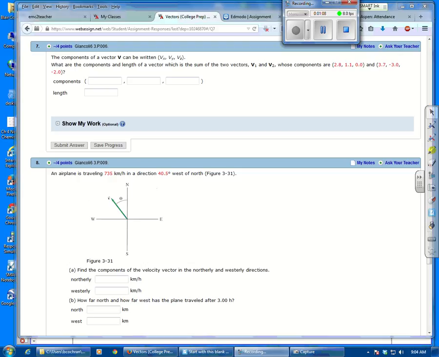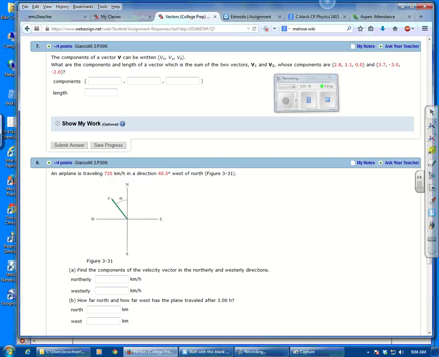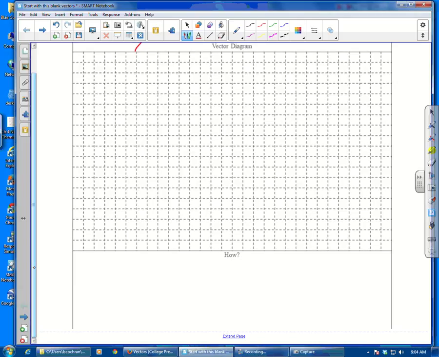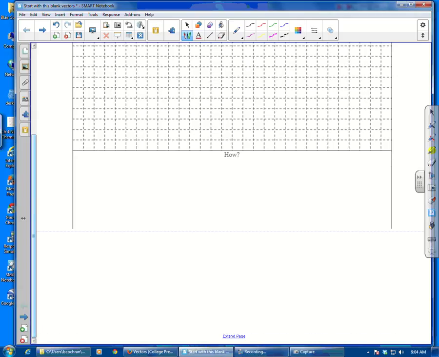I'm going to translate these 2 vectors and write them down as unit vectors to hopefully help me understand them better. So the first one tells me it's 2.8 in the x, 1.1 in the y, and 0.0 in the z. So this is number 7 here. And I'm going to actually do this in the how part. I'm going to write V1, and let's see, that was 2.8 in the x.